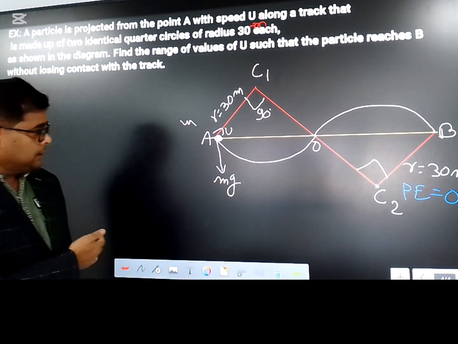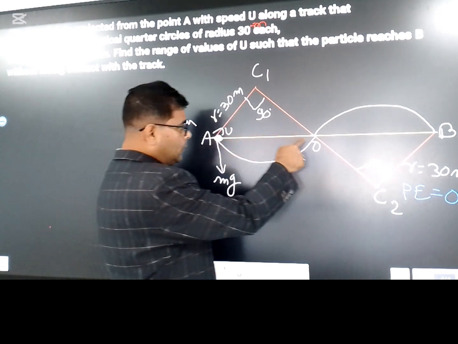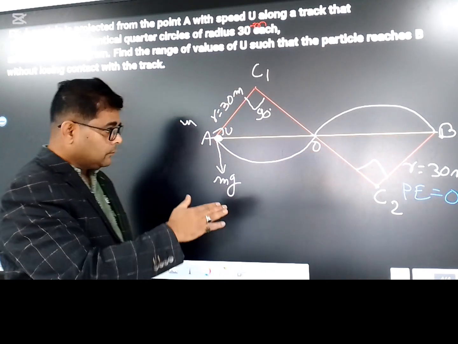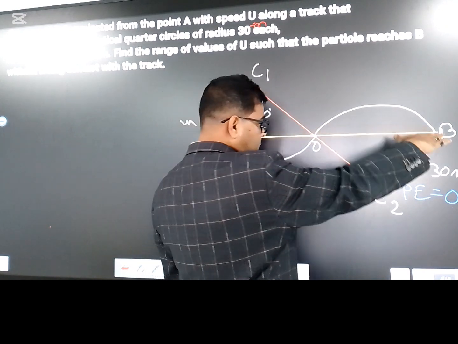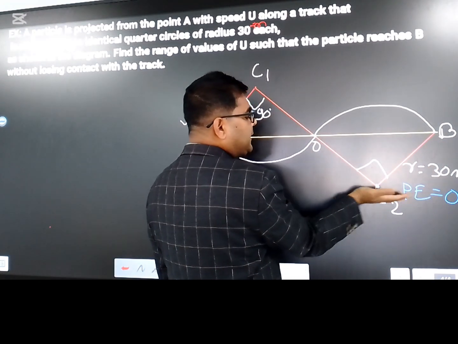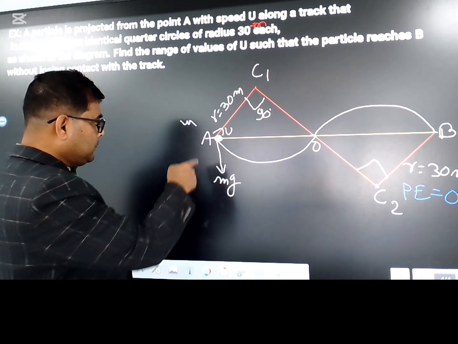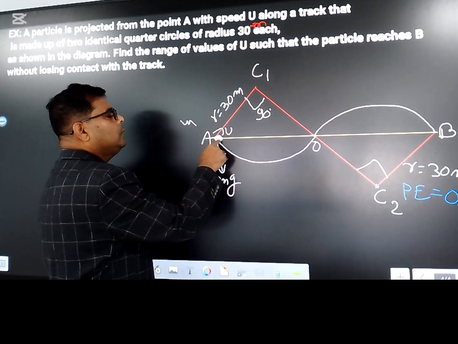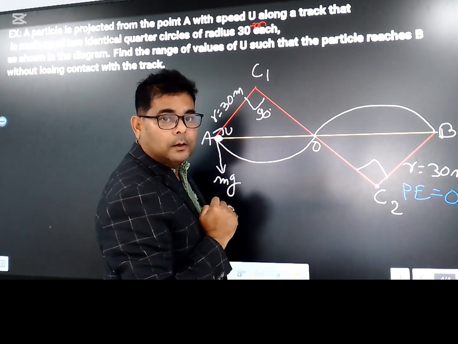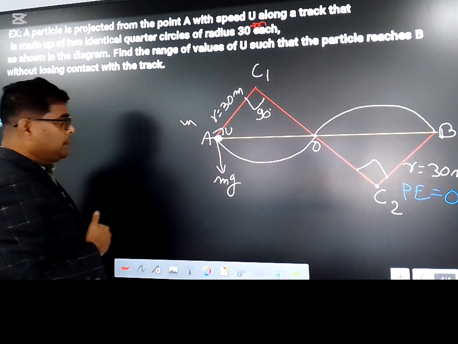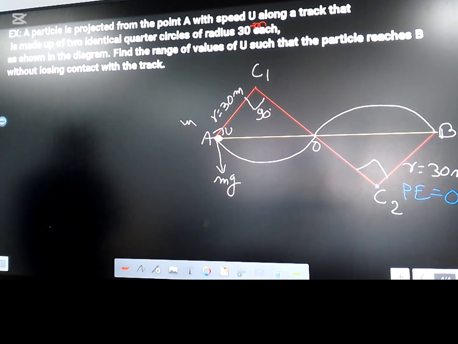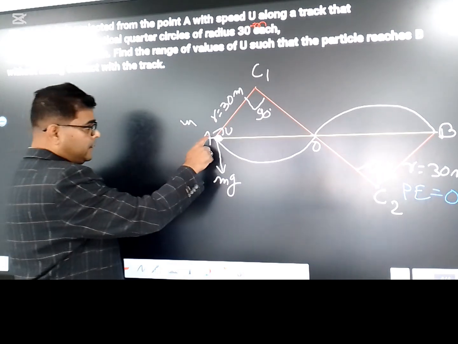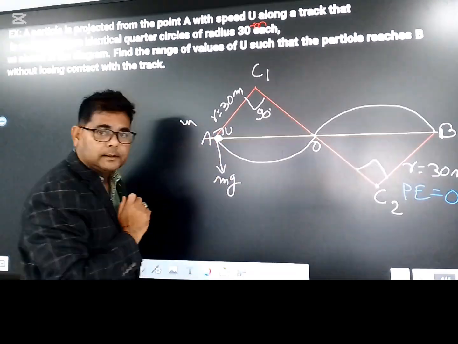Because A, O, B all lie along the same straight line at the same height about C2, if you compare the points A and O, the velocity at A will be equal to the velocity at O. This is also evident by using the law of conservation of energy at these two points.